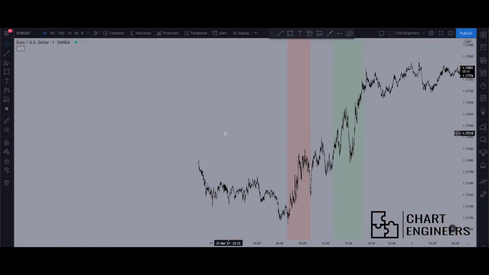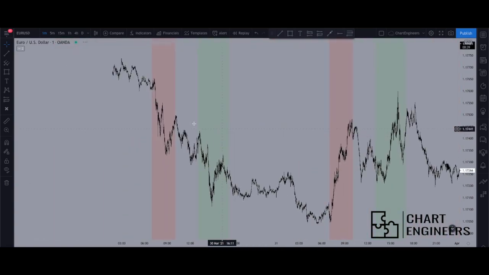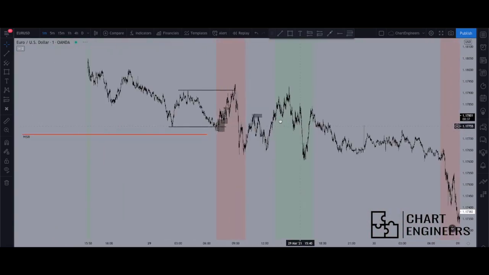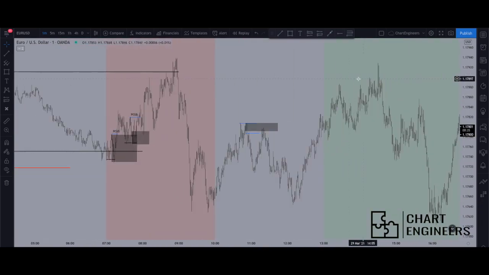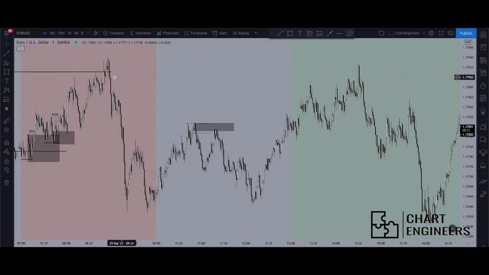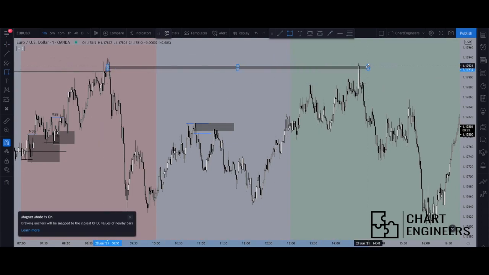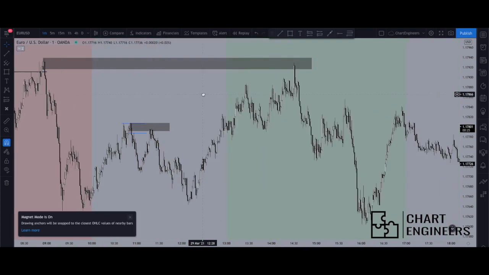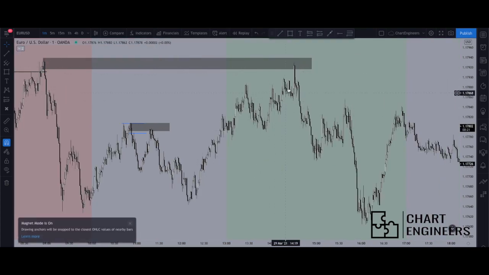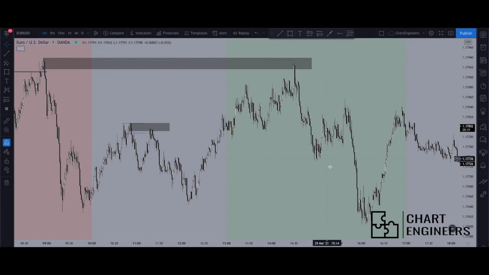So after the H1 raid I'll just go to the 1 minute time frame and mark out your breaker zone. So it's from here till here, and you see that during New York price comes back, tags you in, and then you see price just drops lower again.